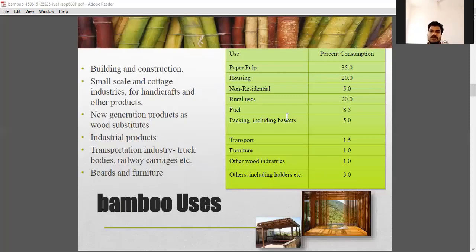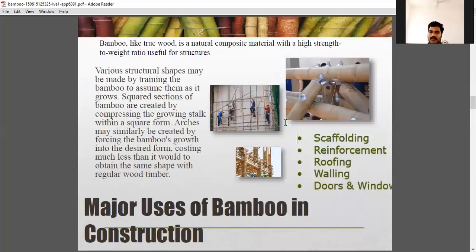Coming to some more points about bamboo, as you can see here, the bamboo grows from small scale to very big scale. Bamboo is a natural composite material with a high strength-to-weight ratio, so it is useful for structures. Here you can see wall mountings, the side of the wall, maybe for painting or plastering or whatever the purpose.